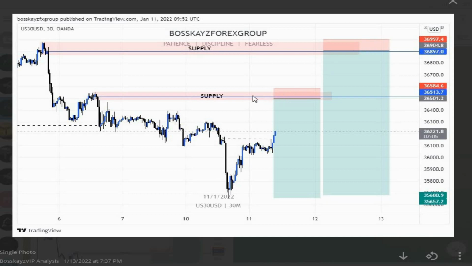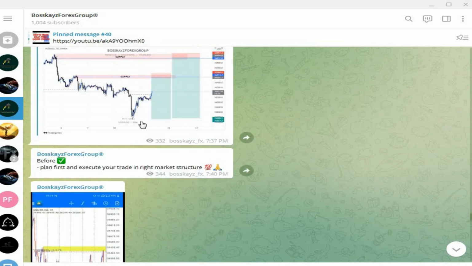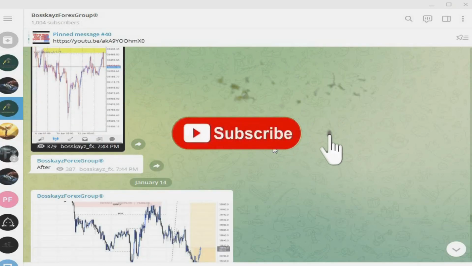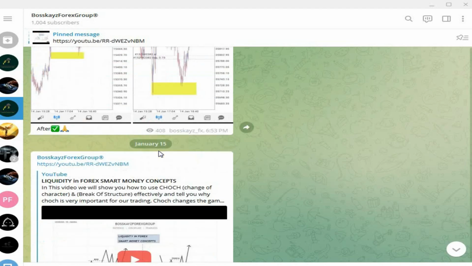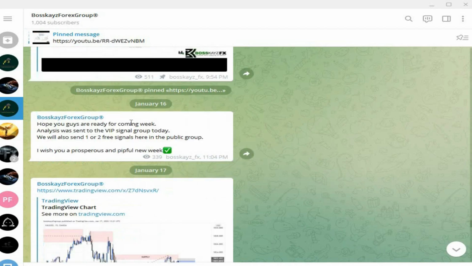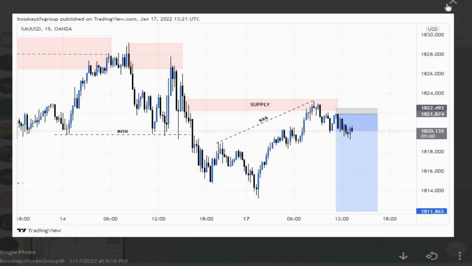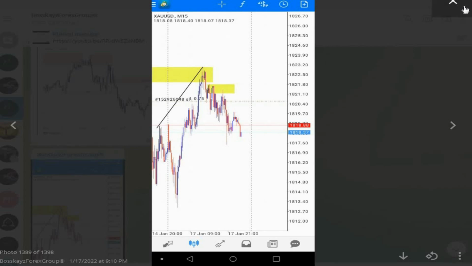That's why we labeled two supply zone areas, but we took this one, and as you can see, this was the trade right there. And these are the other trades which we were taking, and also these ones, and this was the other trade which we took, as you can see right there.